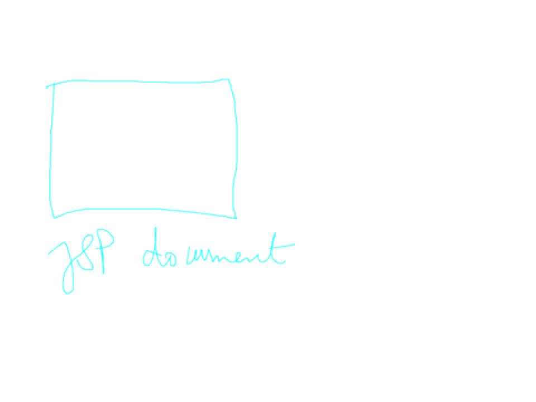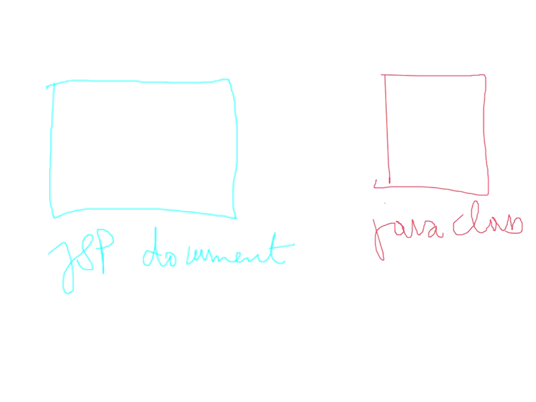For the separation, that means I have a JSP document and I have a Java class. This Java class represents my JavaBean. A JavaBean really is a Java class. I can communicate with this Java class through the JSP document.